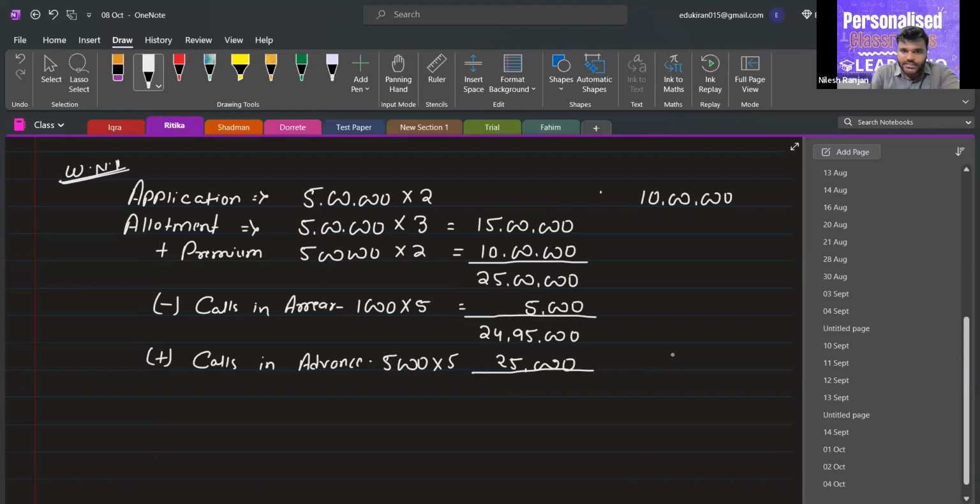So we have to add this. It will be 25,20,000. After that, share first call. It will be 5 lakh into 5, 25 lakh.